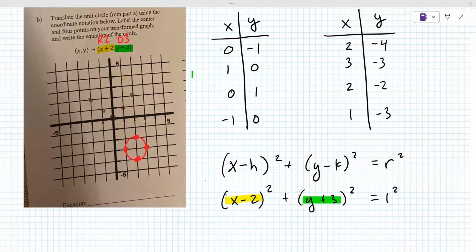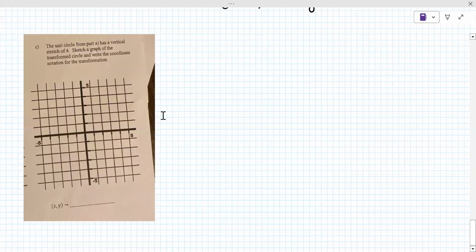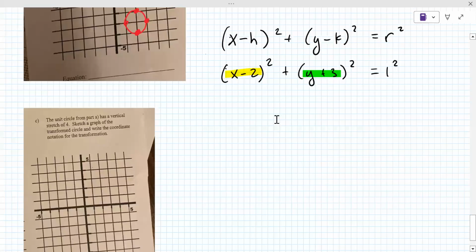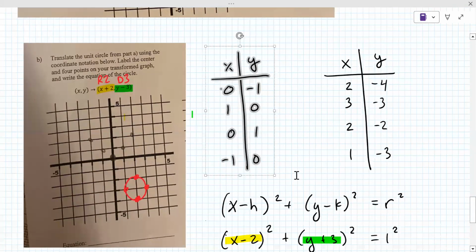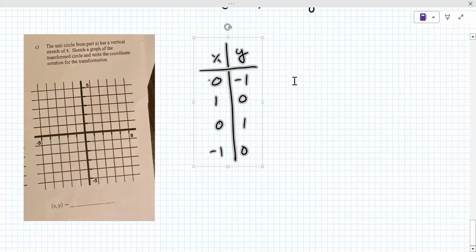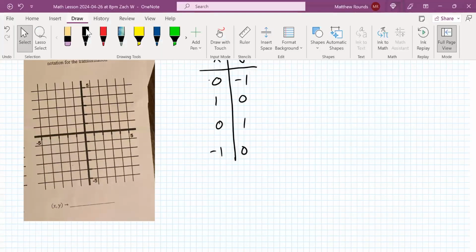C is down here. All right, so this is what you were asking me about. It says vertical stretch of 4. So we have to go back to the original ordered pairs. And a vertical stretch of 4 only affects the y values.